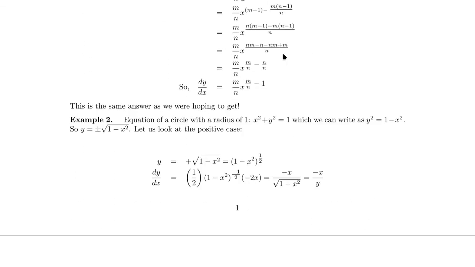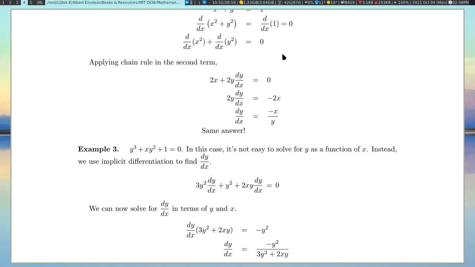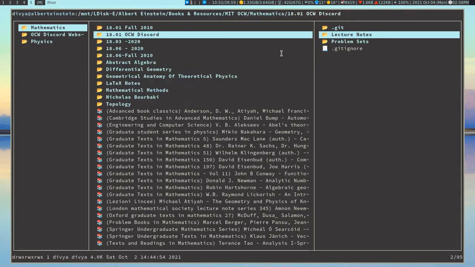That's the main thing. If it were x to the something else instead of y to the n, you wouldn't need this one. So that's basically it. I would recommend you look more into implicit differentiation.